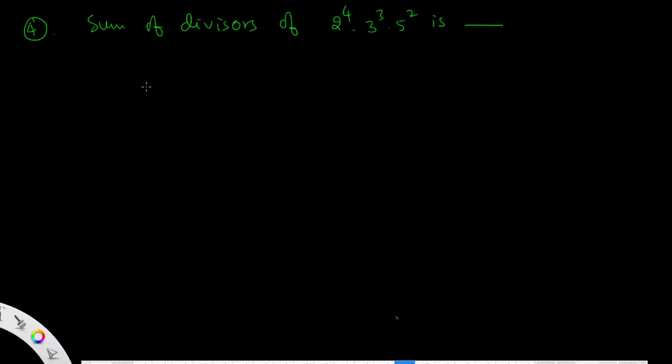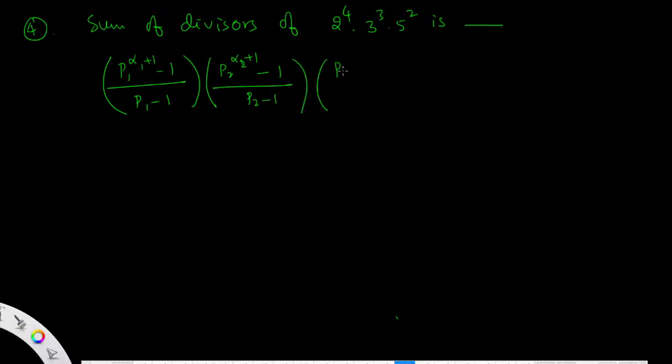Sum of divisors. The formula we just wrote: (P1 to the power of alpha 1 plus 1 minus 1 by P1 minus 1) into (P2 to the power of alpha 2 plus 1 minus 1 by P2 minus 1) into (P3 to the power of alpha 3 plus 1 minus 1 by P3 minus 1). There are 3 terms, so let us complete those 3 terms.